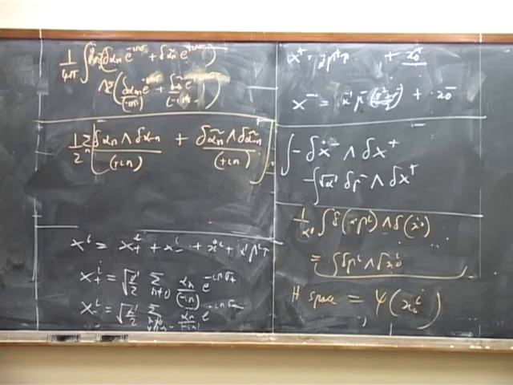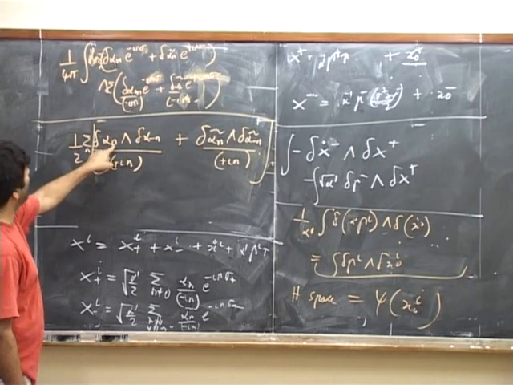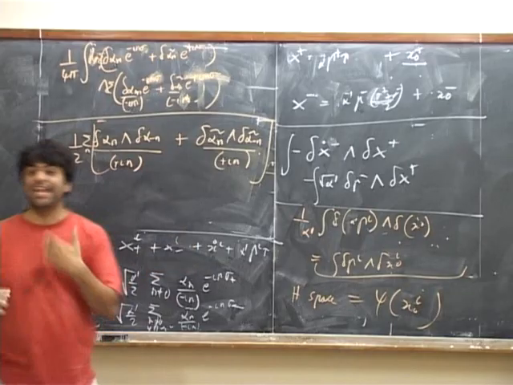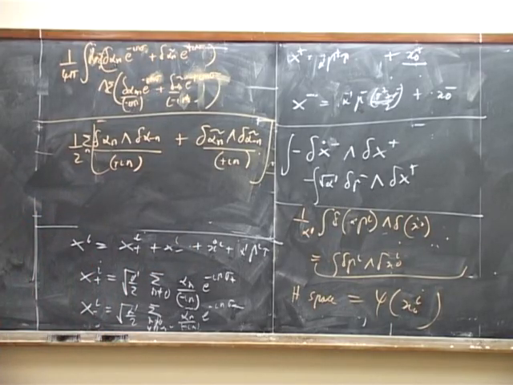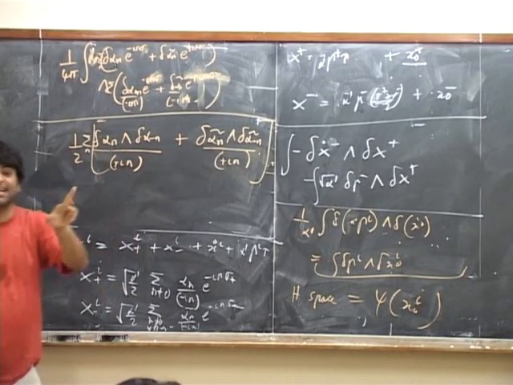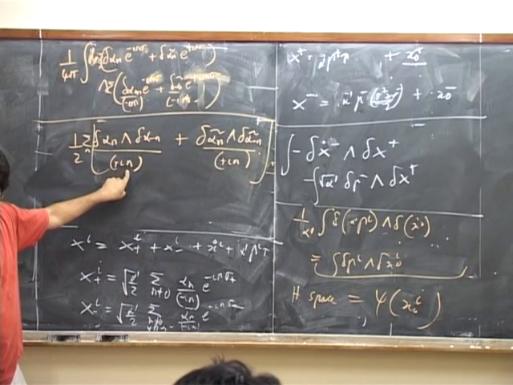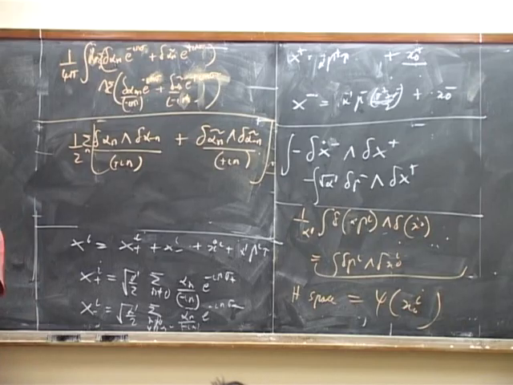Now this n is summed over all non-zero values. But look at the contribution from, let's say, n equals 20 and n equals minus 20. These two contributions add instead of subtracting, because the denominator changes sign, and you get a sign change when you flip the positions.